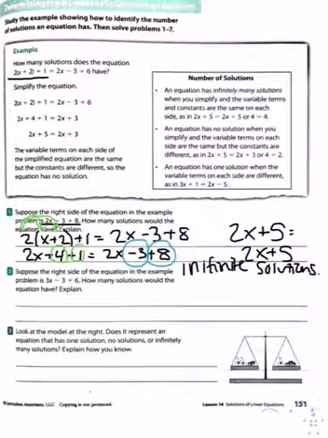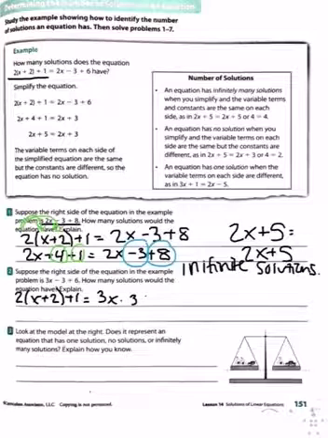Problem number 2. Suppose the right side of the equation in the example problem is 3x minus 3 plus 6. How many solutions would the equation have? Explain. So again, I'm taking that 2 parentheses x plus 2 plus 1, and it's going to equal 3x minus 3 plus 6. First step is to distribute to both parts of the parentheses, and I get 2x plus 4 plus 1.